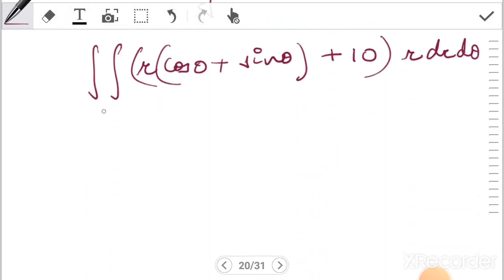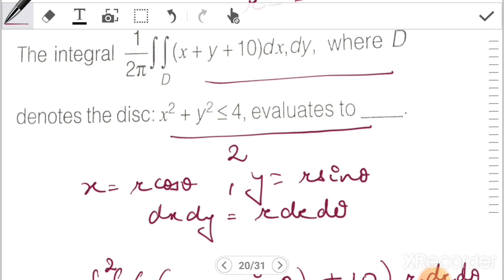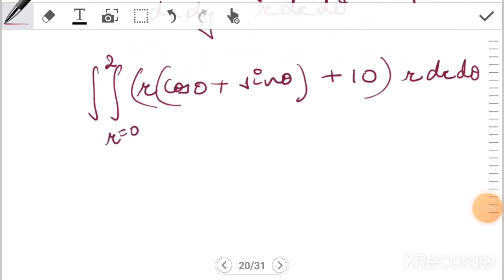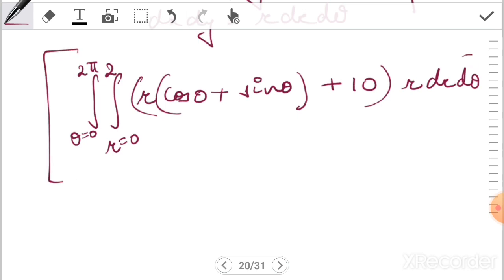Since this is a circular disc in the xy plane, with radius 2, theta varies from 0 to 2 pi. And we have 1 by 2 pi outside.